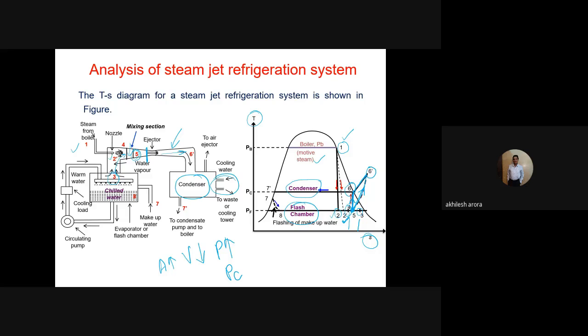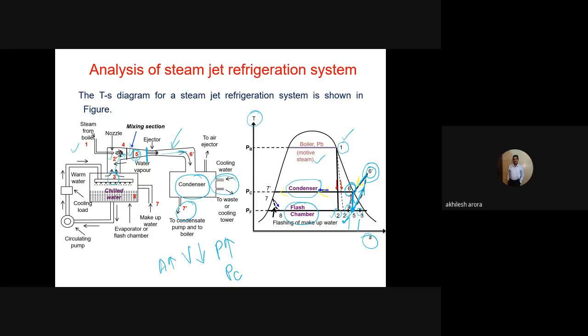So rather than reaching point number 6, the mixture reaches this particular point at 6 dash, and then it is condensed in the condenser to point number 7 dash. So what is happening here, after point number 6, it follows this particular direction.